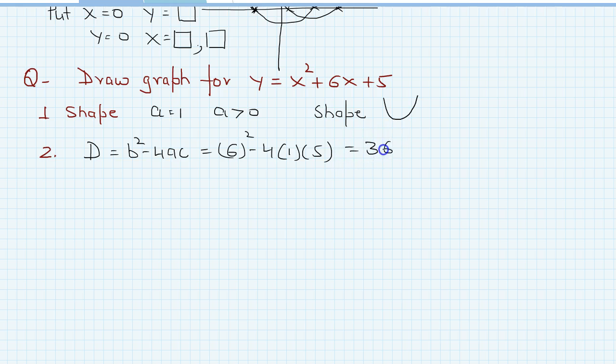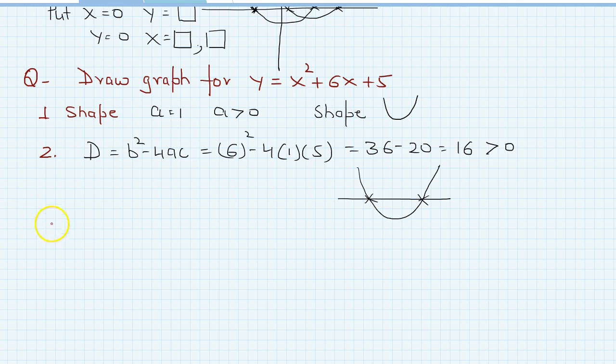So that is 36 minus 20, that is 16. So it is greater than 0. So if it is greater than 0, the graph will cross the x-axis at 2 points.